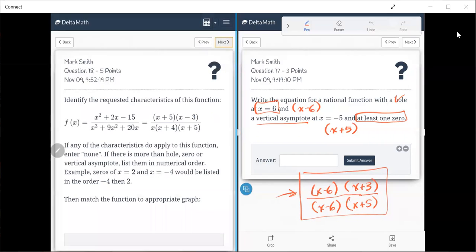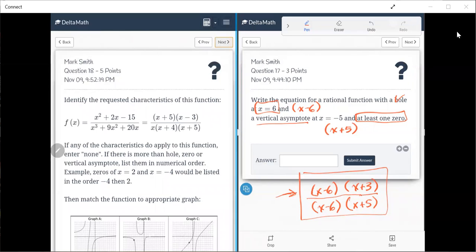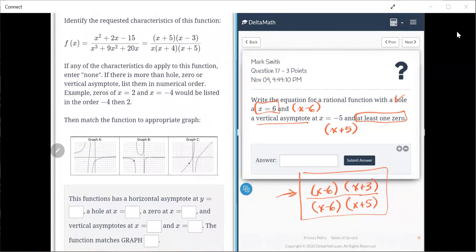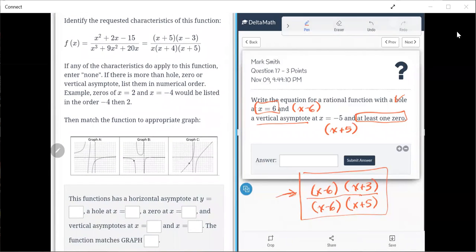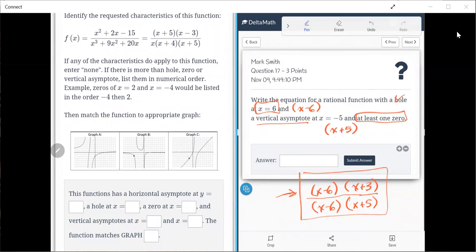These next 3 problems, you have to identify quite a few things. These are important problems. Each one of them is worth 5 points, and you have to fill in the blanks down here.